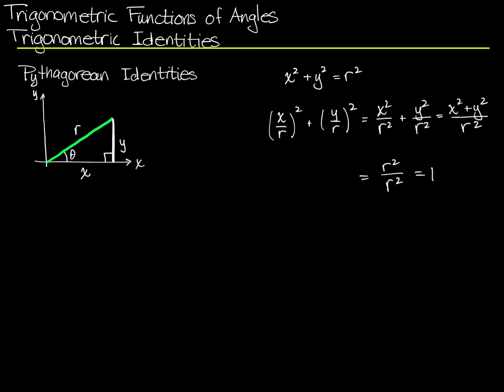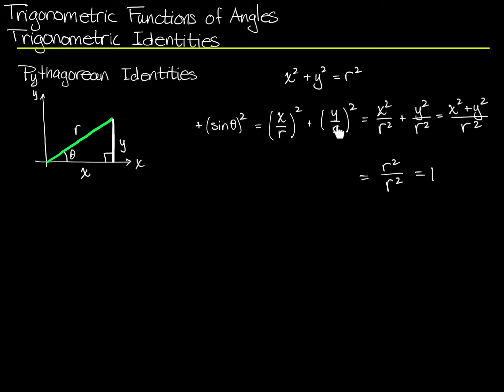Well, that's cool and everything, but so what, right? But what is x over r, and what is y over r? Well, y over r is the sine of theta. So I have the sine of theta squared. Plus, I'm kind of writing backwards here.